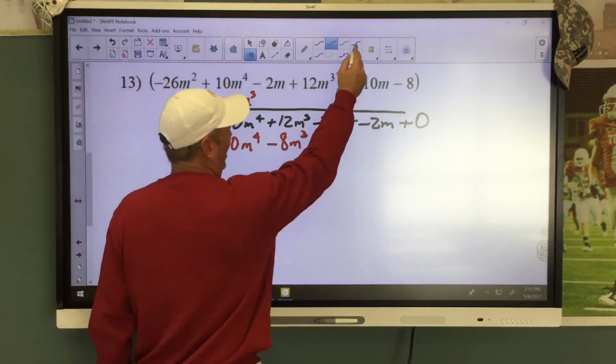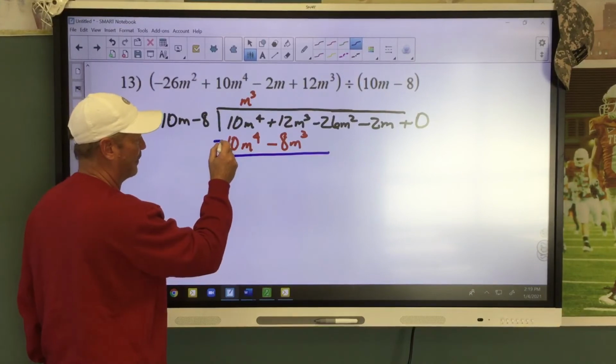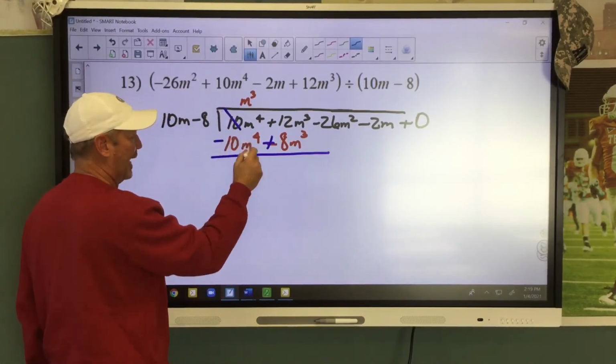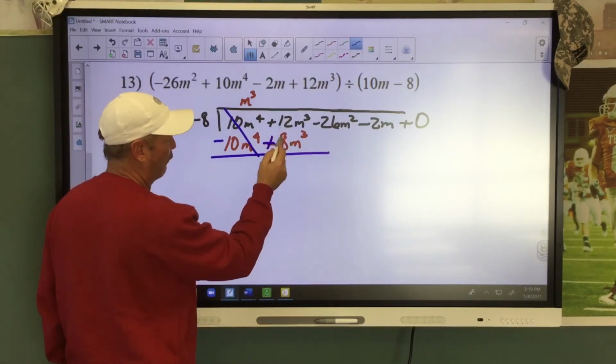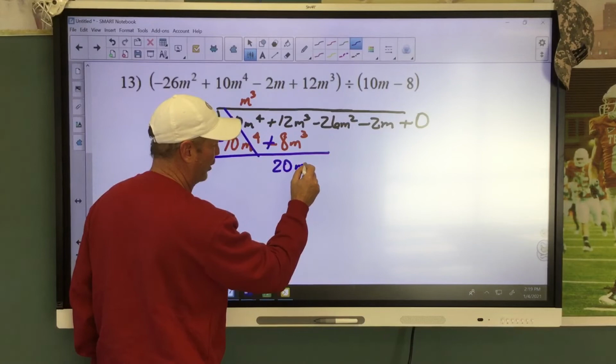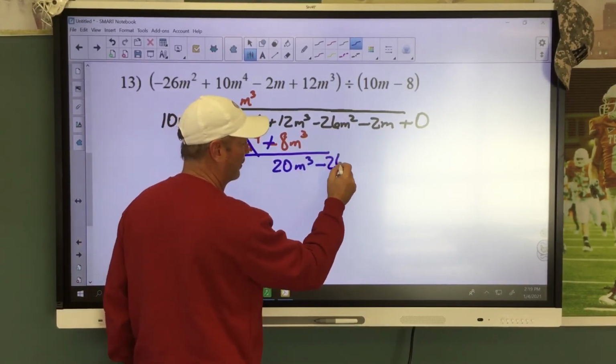Now we're going to draw a line. We're going to change the signs. That's a plus. That's going to cancel. I have 12 plus 8 is 20m to the third. I bring down my minus 26m squared.